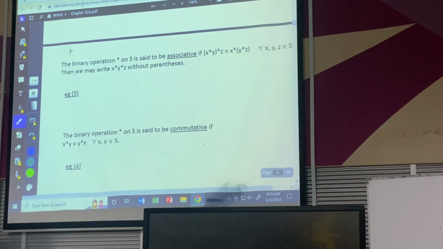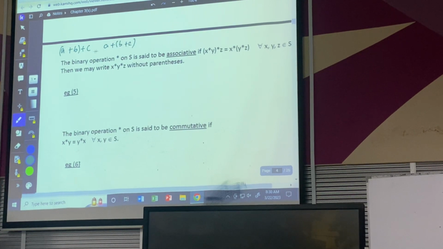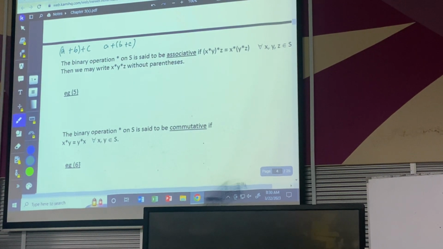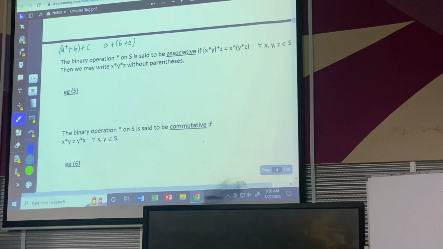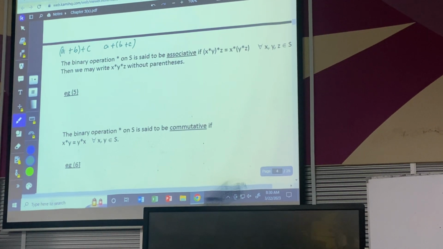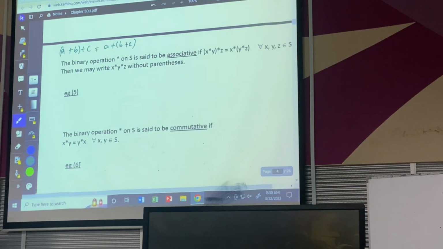Associative means we need to have 3 elements, A, B, C, and then we do A plus B first, then plus C, and compare with B plus C done first, and see whether these two answers are the same or not. If I do A plus B first, or B plus C first, the final answer is the same, right? So in this case, we say that the operator plus is associative.